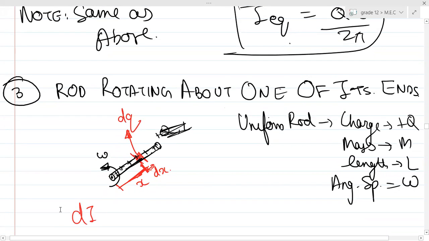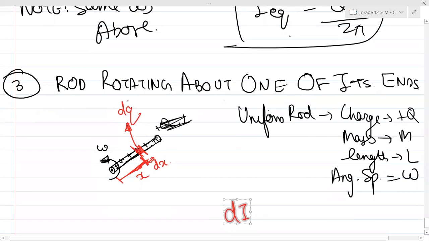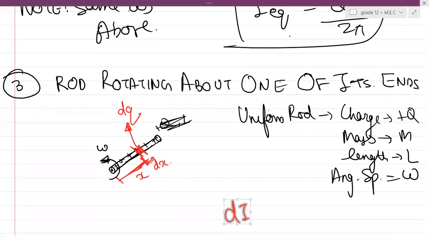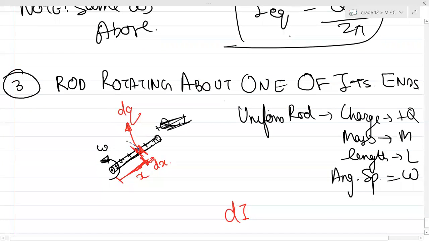Can you see this, guys? This charge will be rotating in a certain circle, right? Will this charge be rotating in this circle, guys? And what will be the speed of this charge?